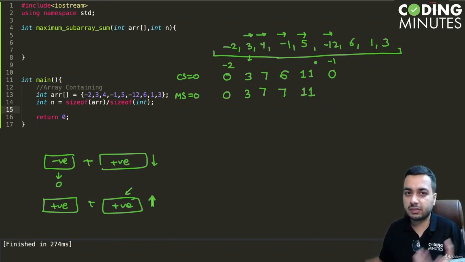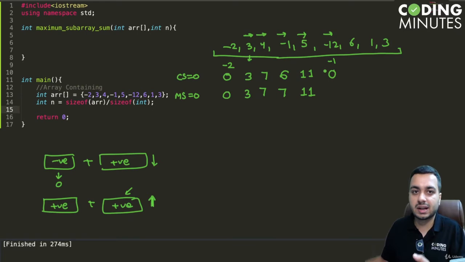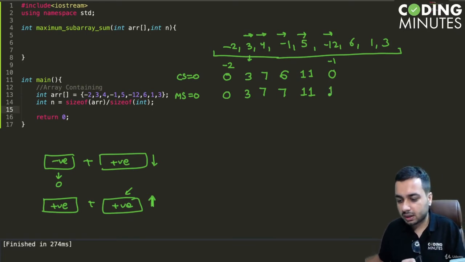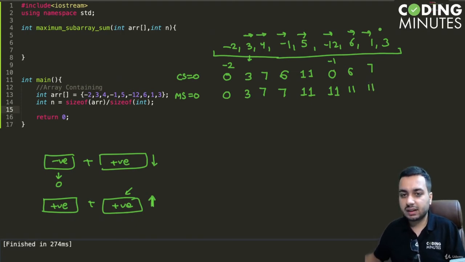So it's not beneficial for us, and we already know the maximum till now is still 11. Now we go to 6, so the sum is now 6 and the maximum is still 11. We go to 1, the sum is now 7, 6 plus 1, and the maximum is still 11. Then we get 3, so 7 and 3 is going to be 10, but the maximum is still 11.